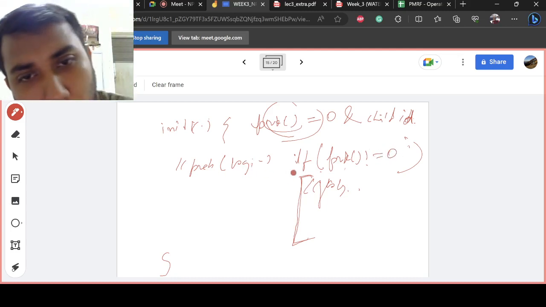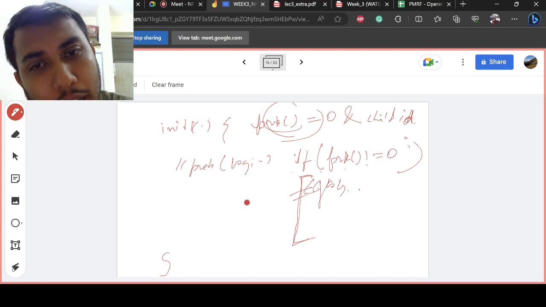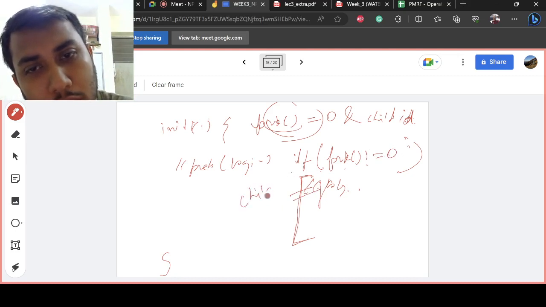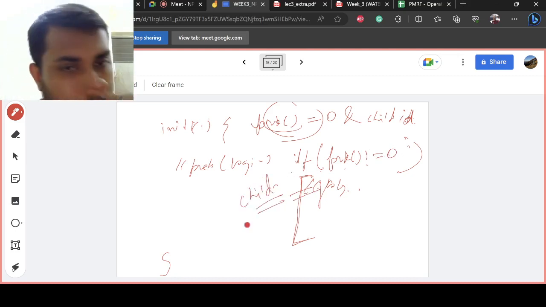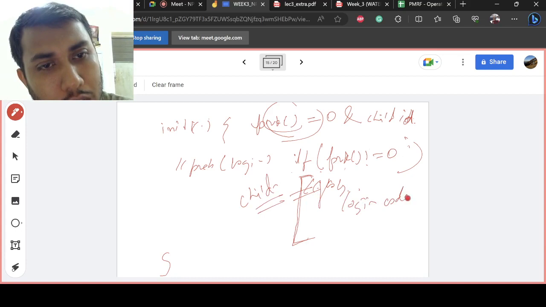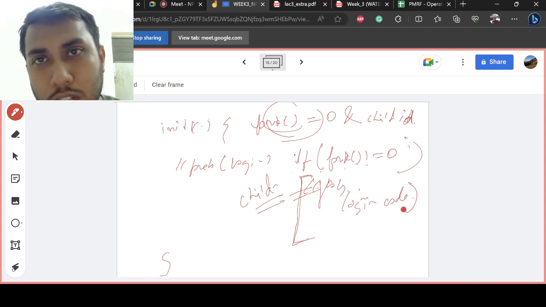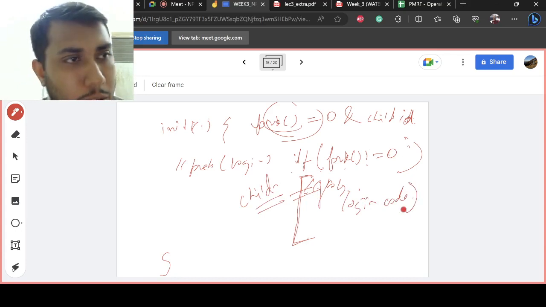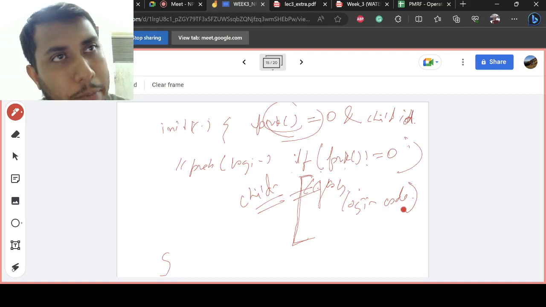This part of the code will be executed only by the child. Now what is this child? Login. So here the login code will be there. Understood? Yeah. So this is how it happens.